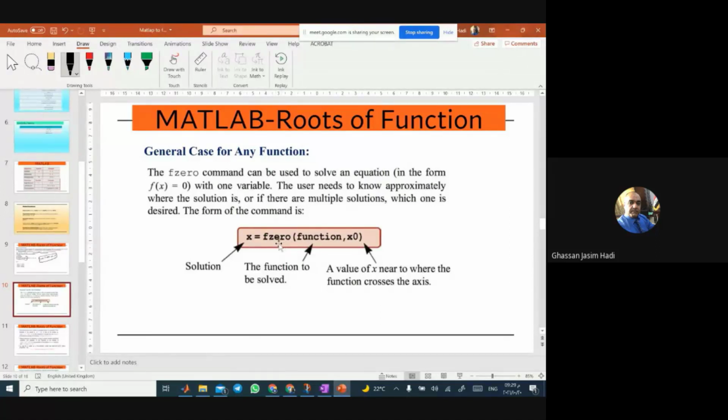And it will use numerical methods to solve, and it will give us one solution. We need to write the function and find a value near the intersection point.